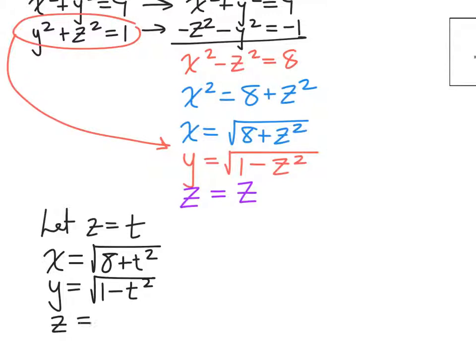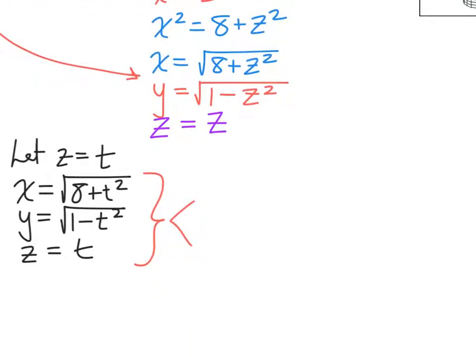And z would be equal to t. In vector valued function form, whether it's ijk notation or component form is up to you, but I'm going to go component. The square root of 8 plus t squared, comma, square root of 1 minus t squared, comma, t.